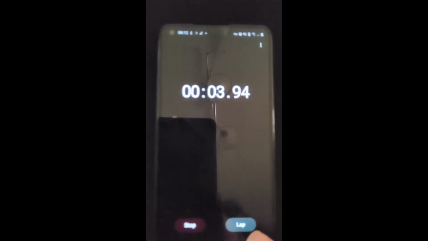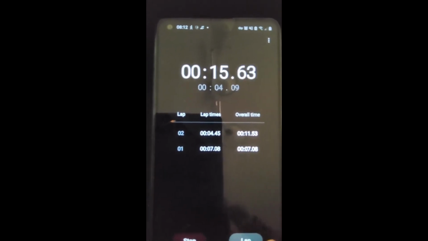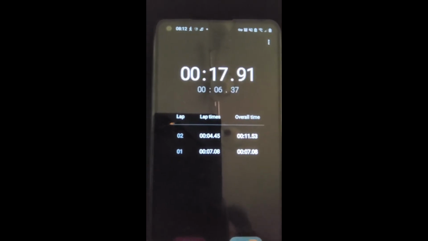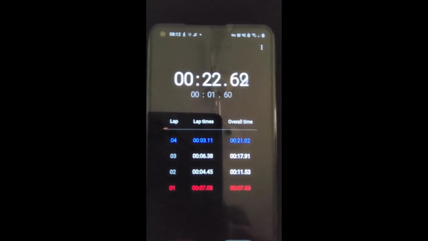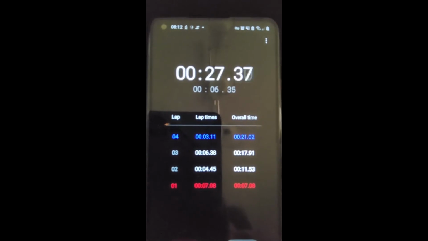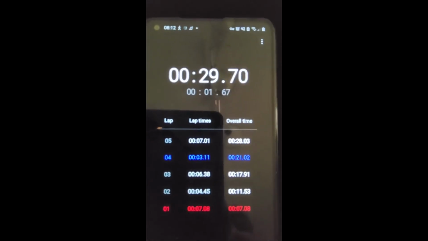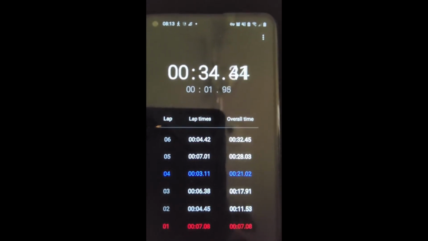It has this option to mark the lap time. So I can just tap here and I get partial measurements of time, and I can repeat this process several times. And we get different values, and remember, we are interested in the last 2 digits of the time, and you observe that they are more or less randomly distributed.